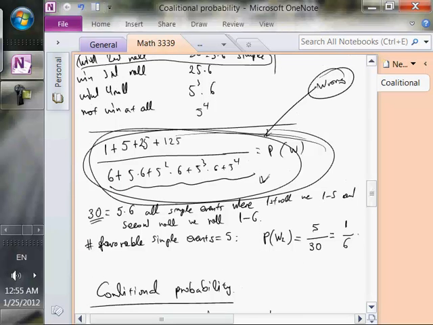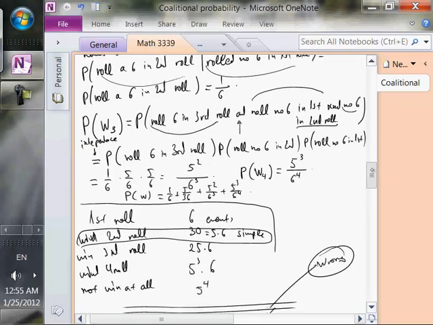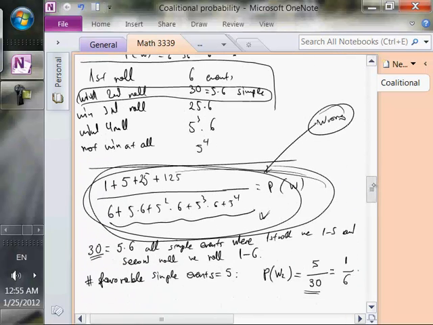And the answer is that the correct calculation, if we're to stop and go only up to 2 rolls, is not 5 over 30 for W2, but 5 over 36. This is the probability that we roll a 6 in the second roll, and we didn't roll a 6 in the first.